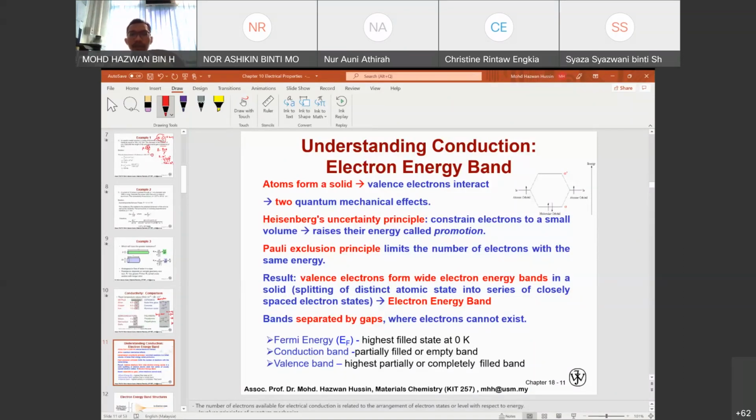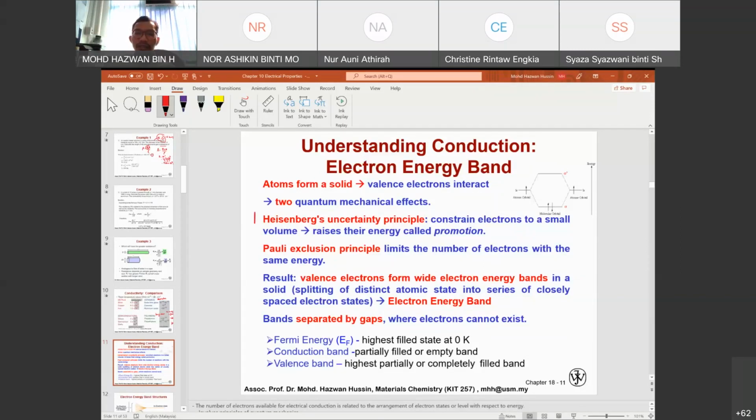Atoms form a solid, and this interaction is normally due to the valence electron interaction. And the two quantum mechanical effects that you have learned even during your high school, matriculation, STPM, A level, are basically according to the configuration.